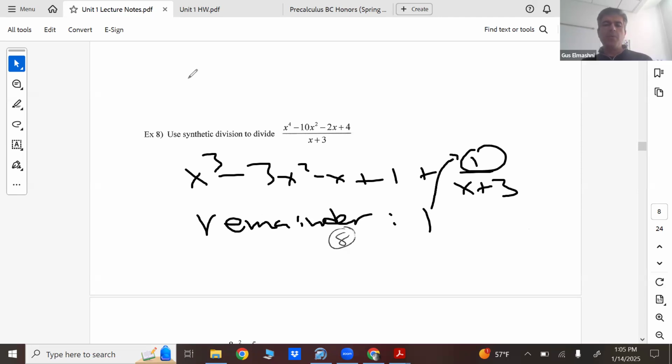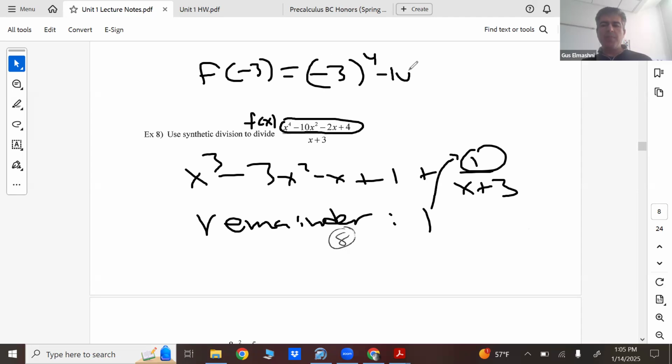Well, here's the thing. What if I call this f of x? And what if I plug in -3? Let's work it out. You don't have to write, just watch for now.